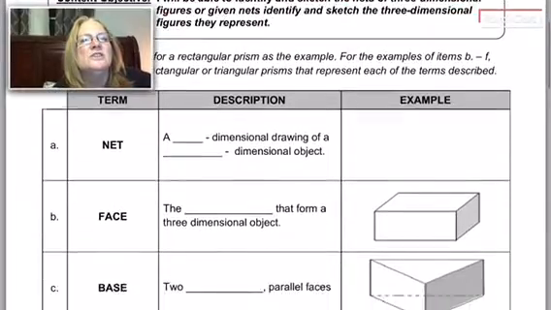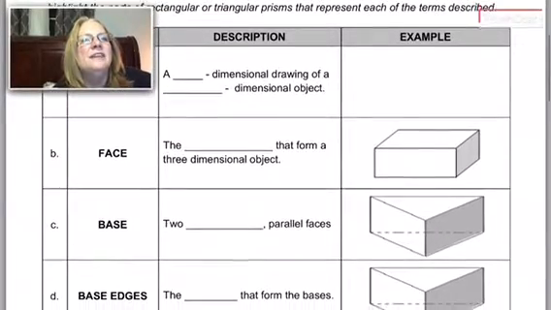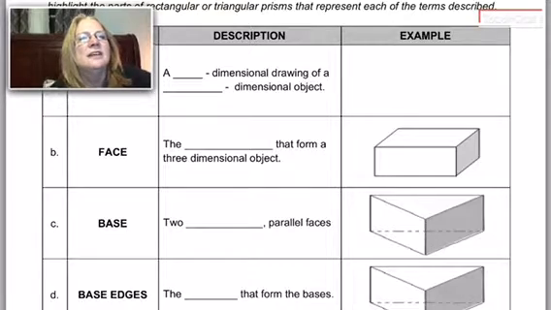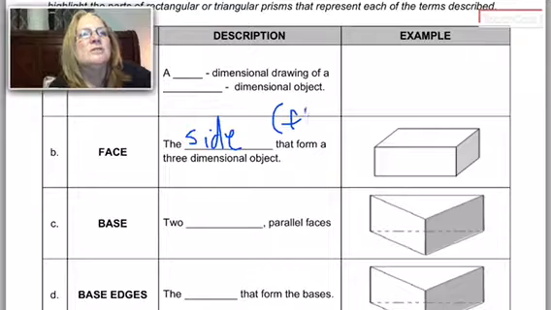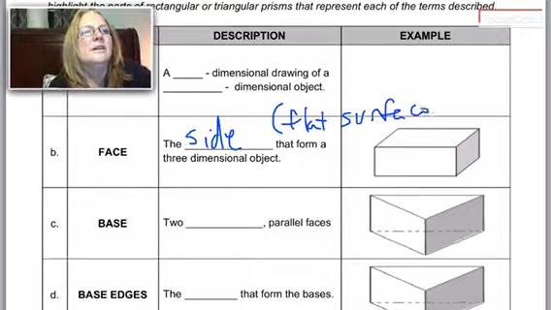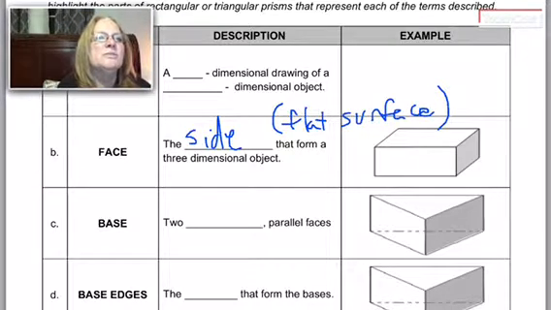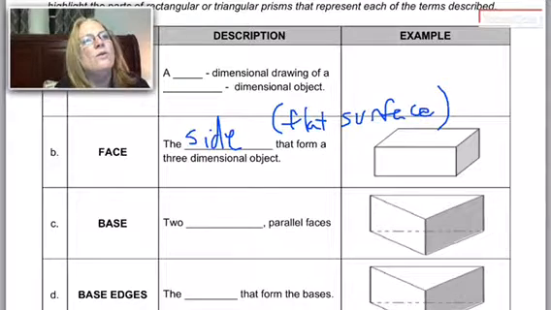So let's look at the next definition here, which is a face. A face is, we could call it the side, or it's always a flat surface that forms the three-dimensional object. And this is a rectangular prism we're looking at, and it has six sides, or it has two bases and four lateral sides.